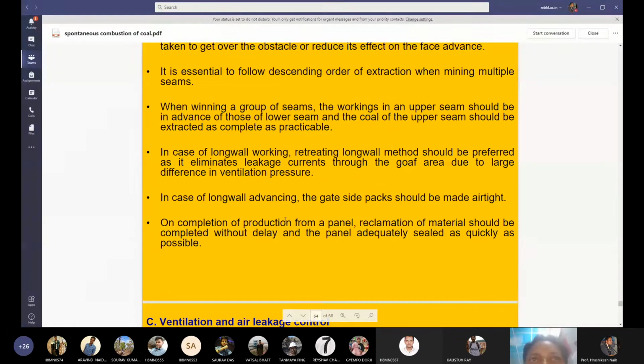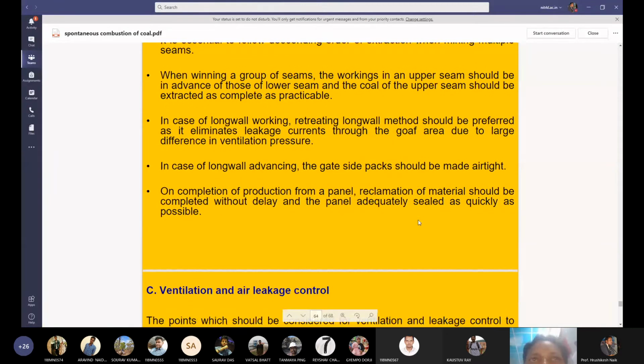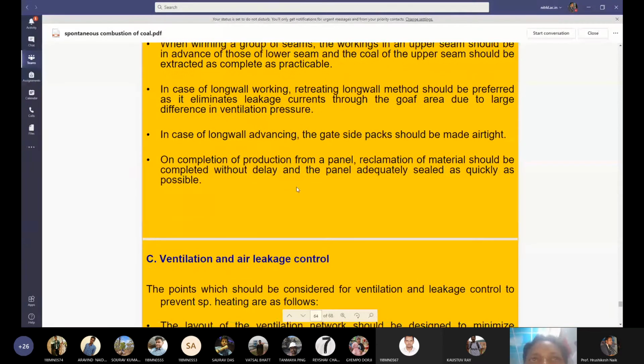Suppose you are mining, then it is better to go for descending order.